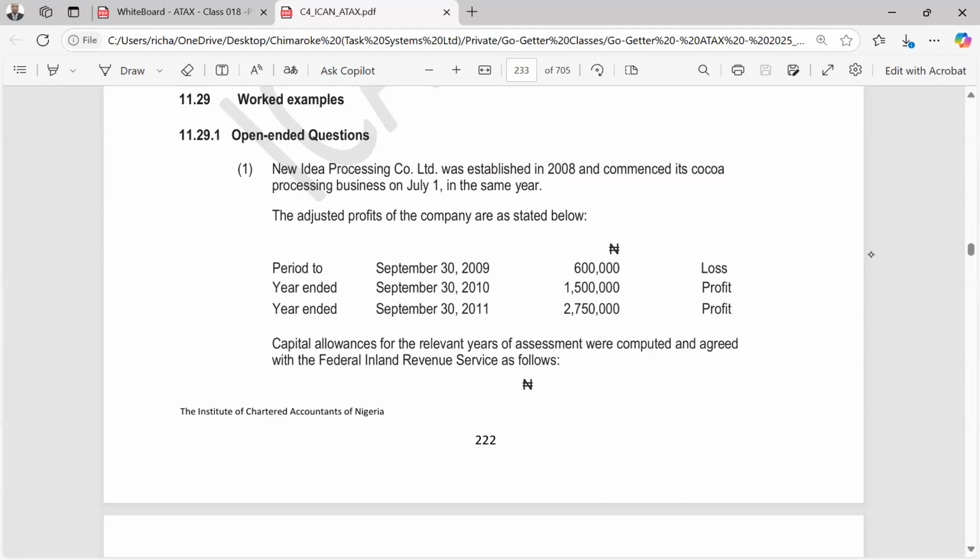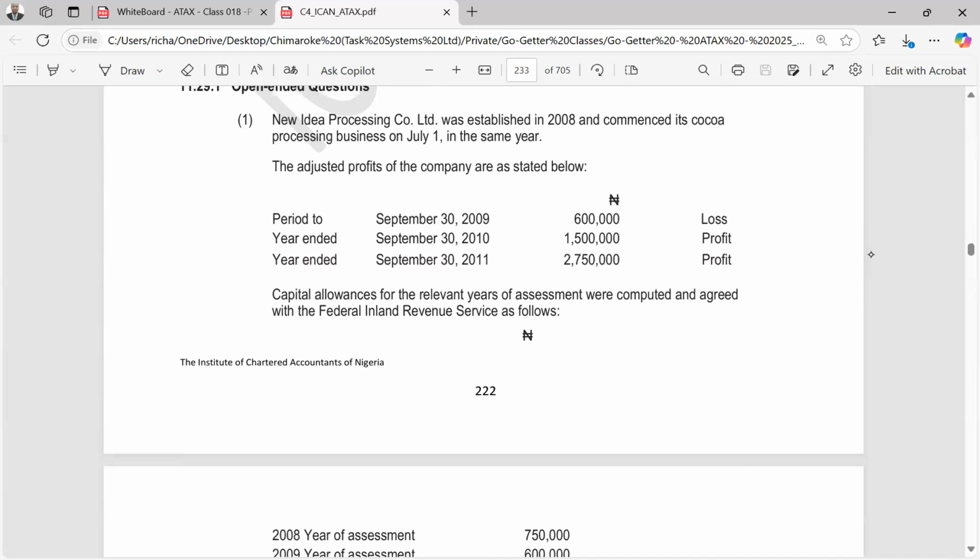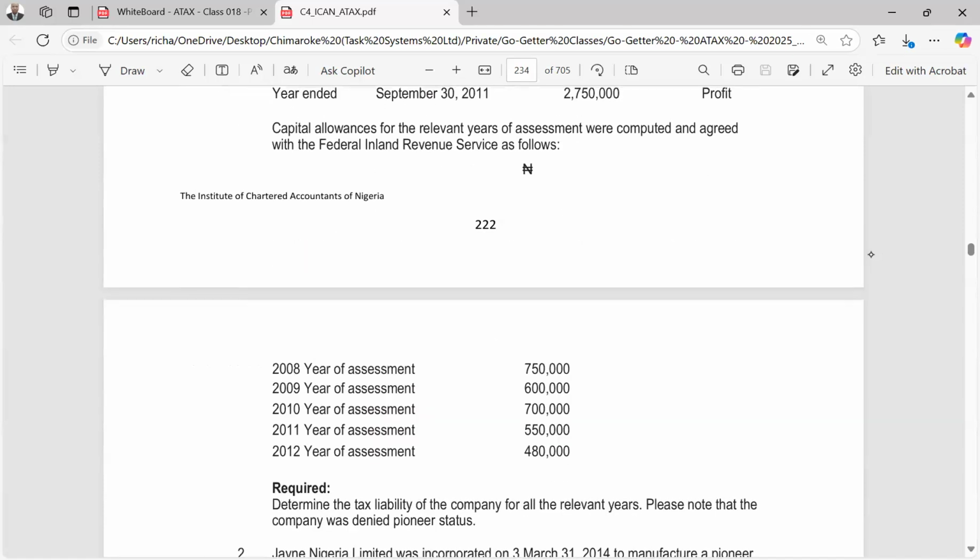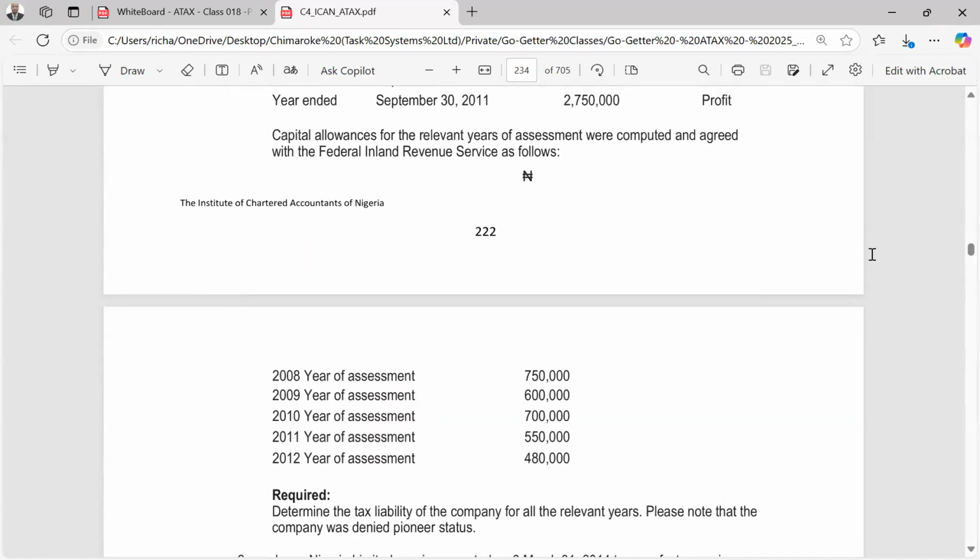Now we are told that capital allowances for the relevant years of assessment were computed and agreed with the Federal Inland Revenue as follows, 2008 year of assessment down to 2012.